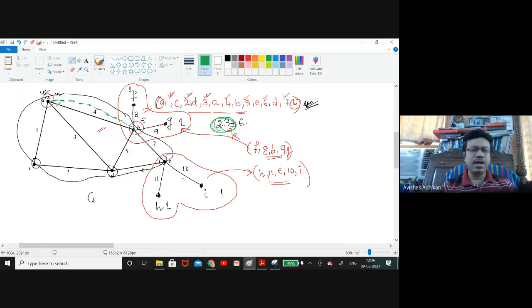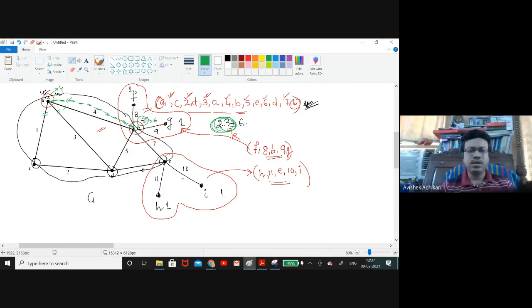Since they were initially odd degree vertices, after introduction of a new edge, the degree of this vertex becomes 4, that means even. Similarly, by introducing the new edge, the degree of this vertex, which was initially 5, now becomes 6. And initially it was 3, now it becomes 4.